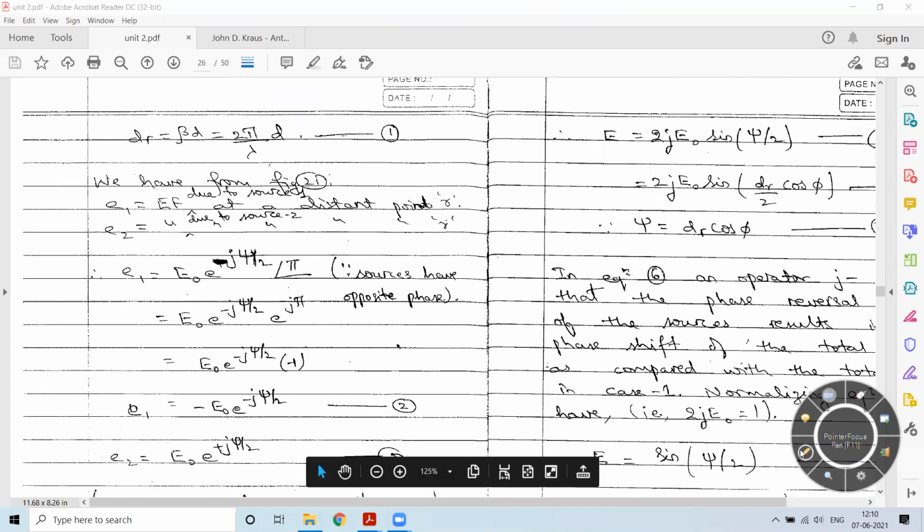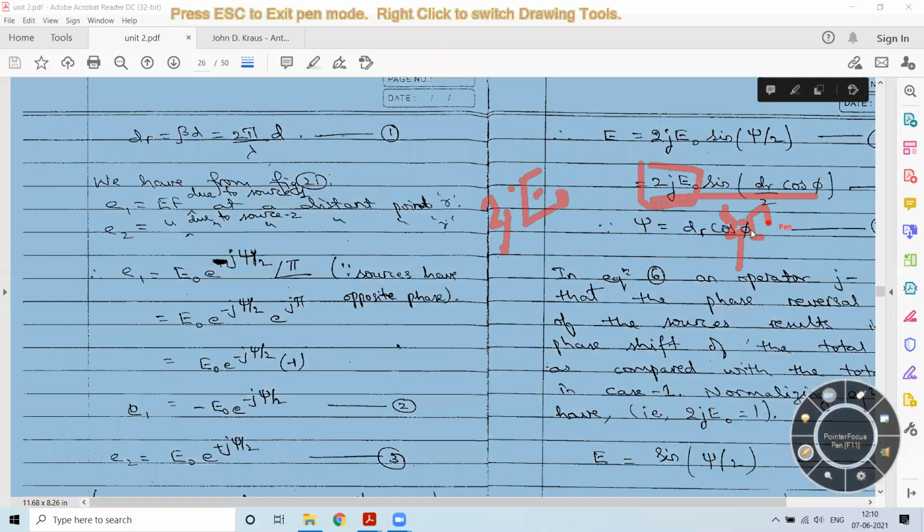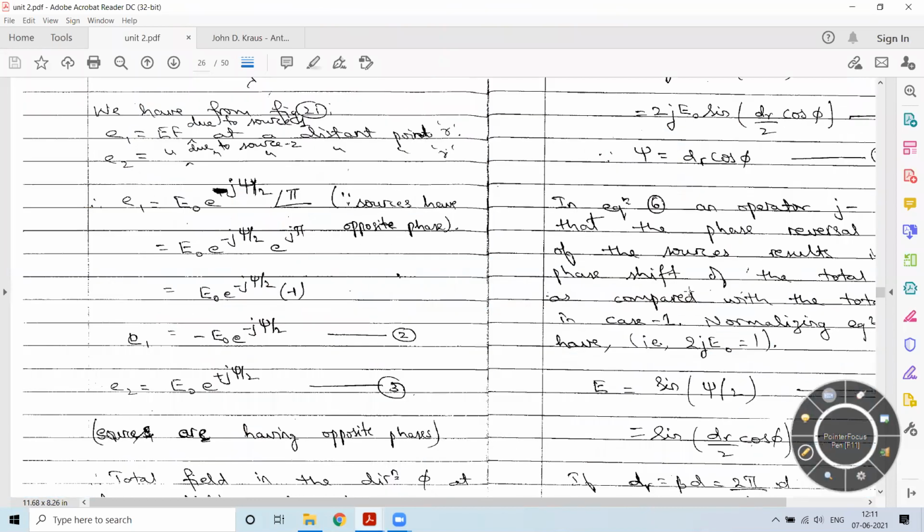If you don't take the magnitude, you just estimate the maximum value. The maximum value will be equated to 2 times j into E naught. I'm not considering the magnitude. If I just consider this one, 2 times j E naught, and divide this equation by 2 times j E naught, what I'll be getting is sine psi by 2, which is sine dr cos phi divided by 2, which is the array factor.